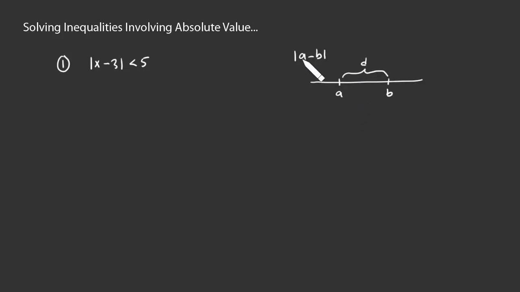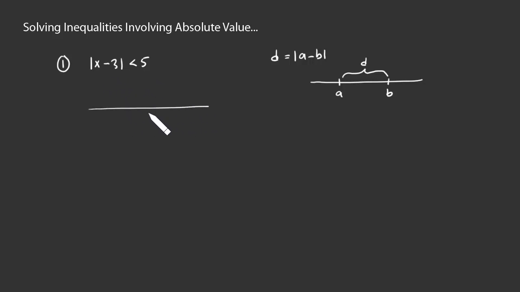Okay, so if that's equal to d, then this would also equal d. So with this in mind, when we see the absolute value of x minus 3 here, we can interpret that as the distance between 3 and any value of x that solves this inequality.